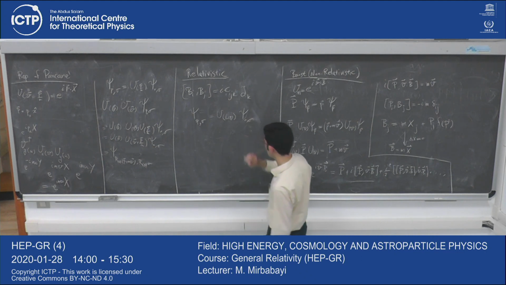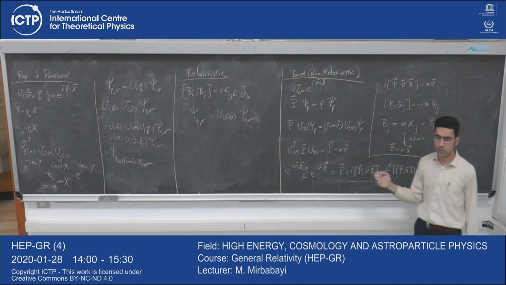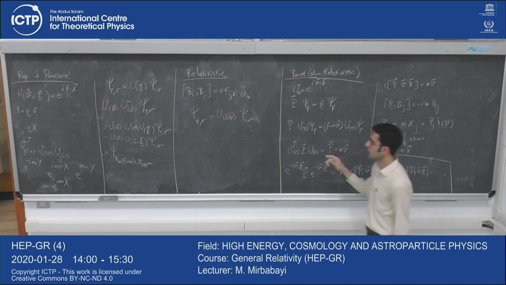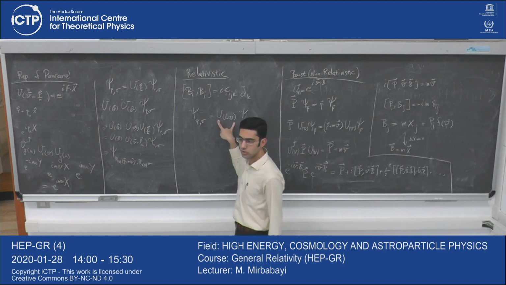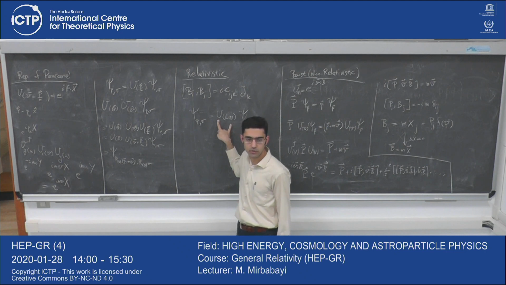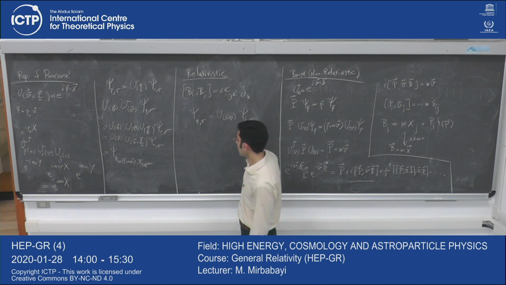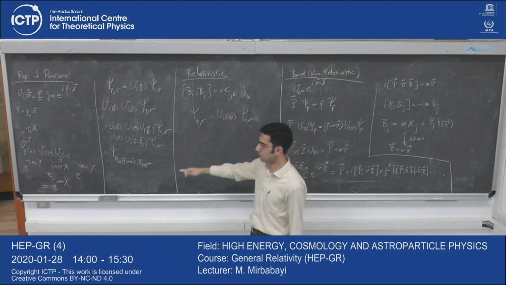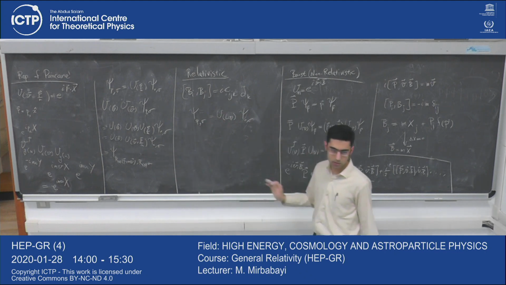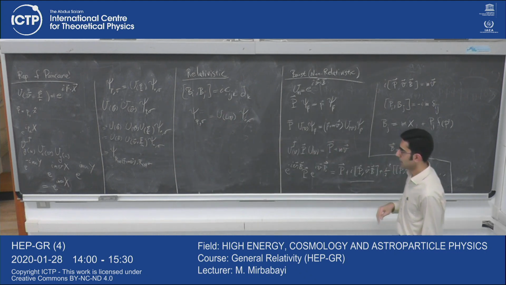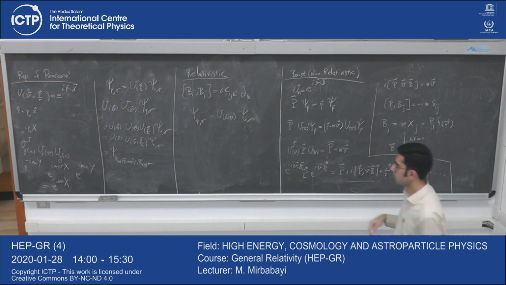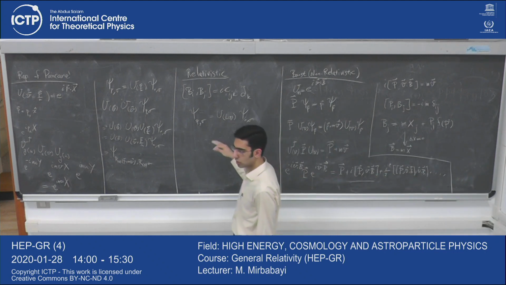Suppose it's a massive particle, so I want to transform it from rest to that momentum. Then this choice of U here is not unique as before, and this non-uniqueness introduces some complications when we want to actually construct that transformation.